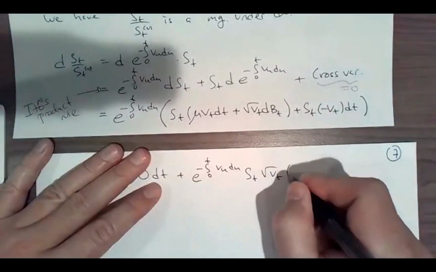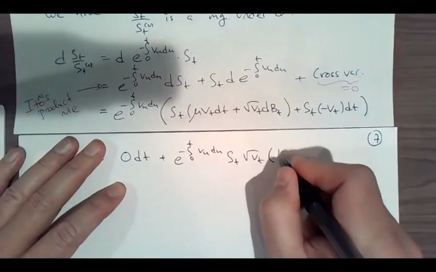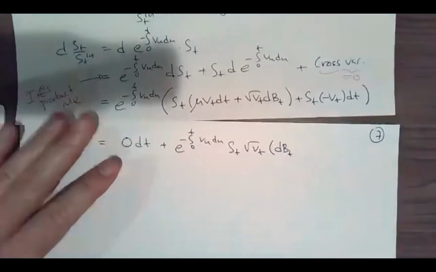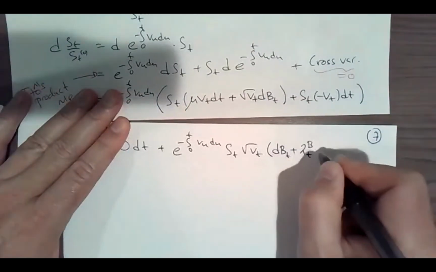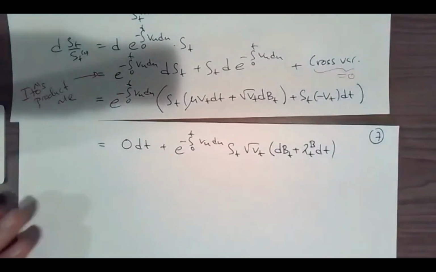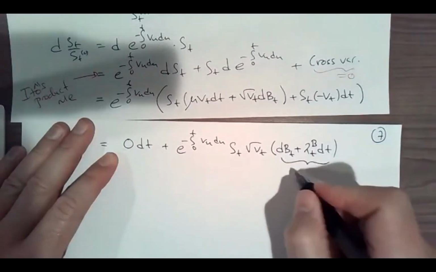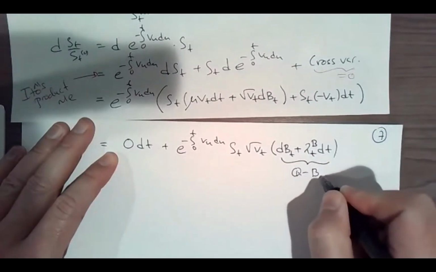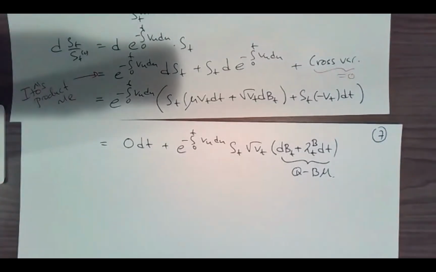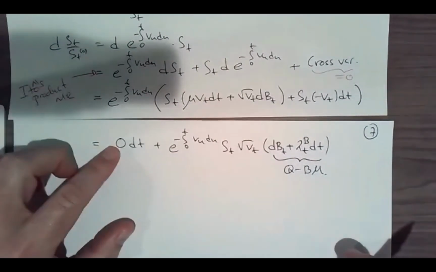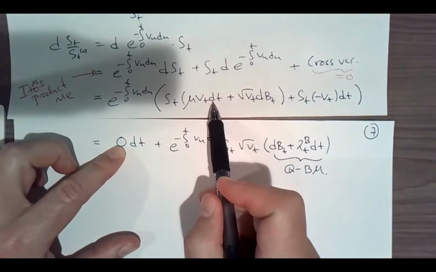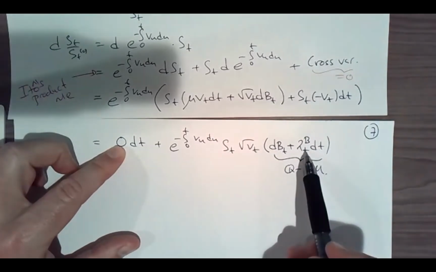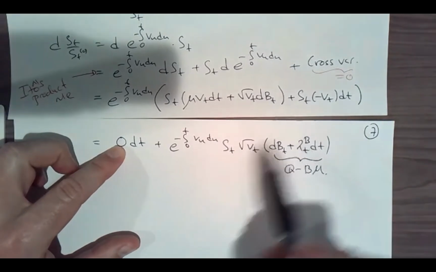So here we'll have to write dBt plus the market price of risk attached to B. This is what I want, because this here is a Q Brownian motion. So I need this to be 0. Currently I have a dt term there, and then there's a correction term from down here. So there are a bunch of things that have to add up to 0.